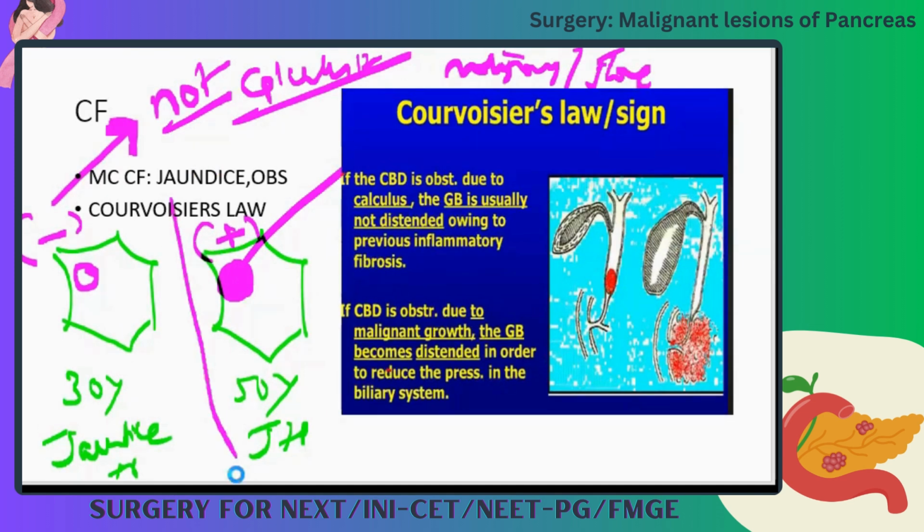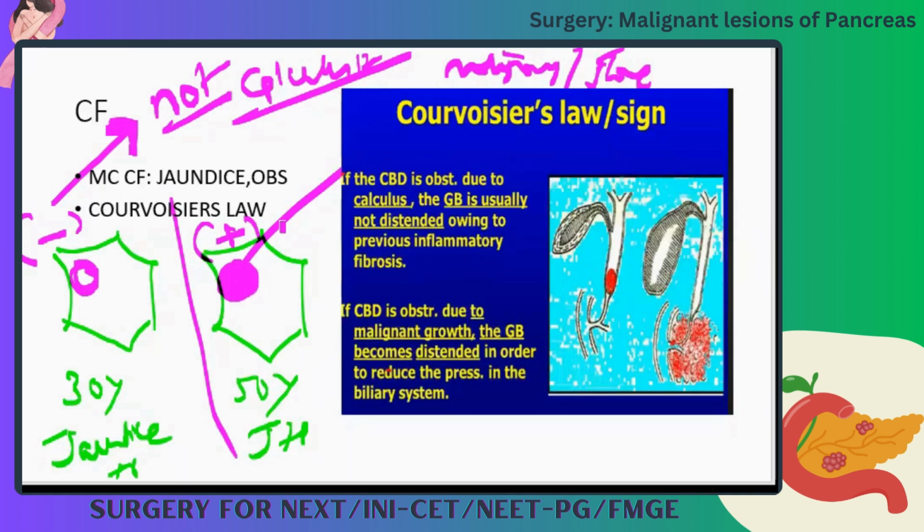Why is this law? See, because if the patient is having stone, then initially there will be so much inflammation around the stone. So the gallbladder will not be distended. If there is stone, there is no distension because there is inflammation there. In malignancy, there will be distension of the gallbladder. So if I am able to palpate the gallbladder, then I think that that is a malignancy.